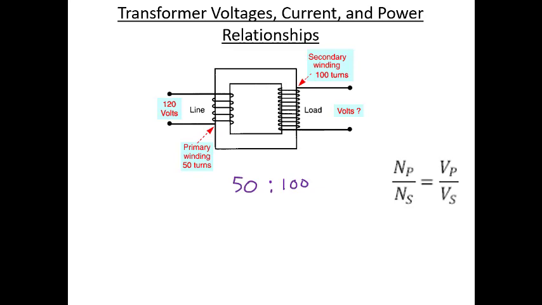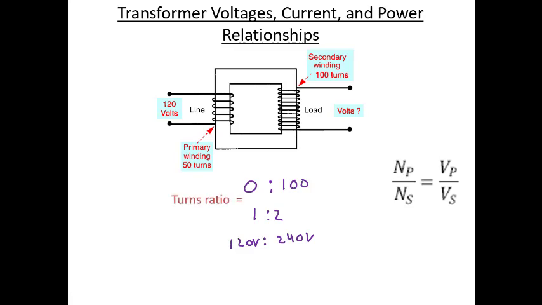The way that I would calculate this is that I would take 100 divided by 50, and I'd end up with a 1 to 2. There's twice as many turns in the secondary. So if I supply 120 volts, I must get 240 volts out to maintain the 2 to 1 ratio.